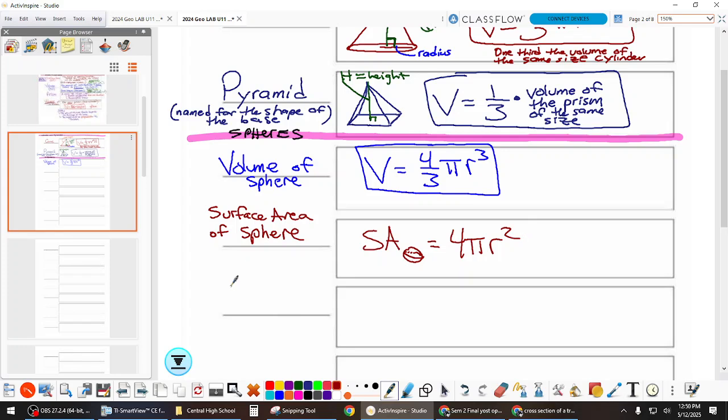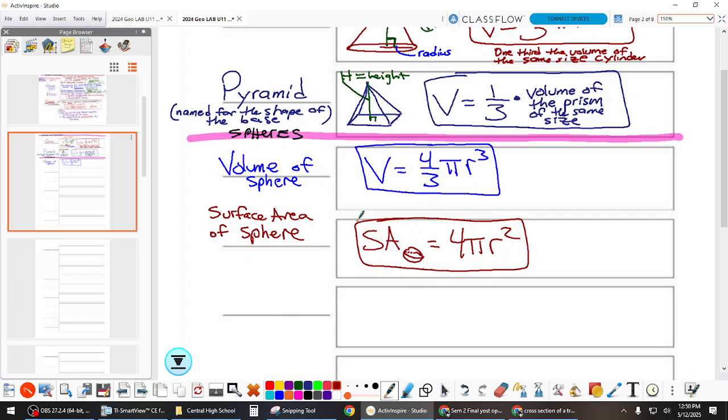So it's basically the circle formula with the 4 out front. So formulas, again, they're nice because you can just plug stuff in.